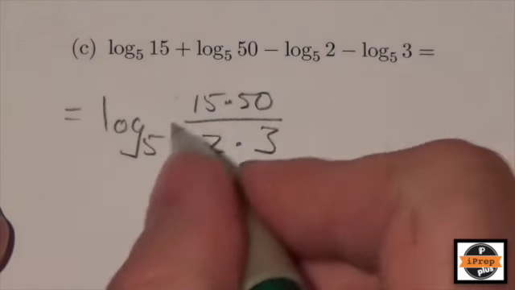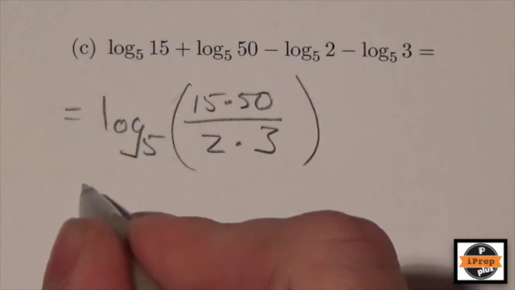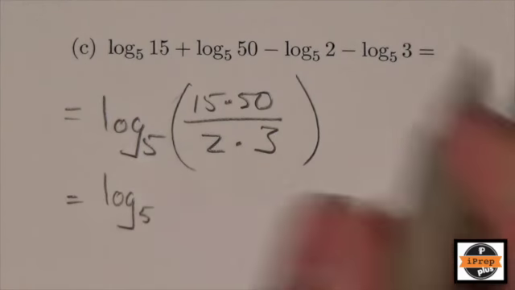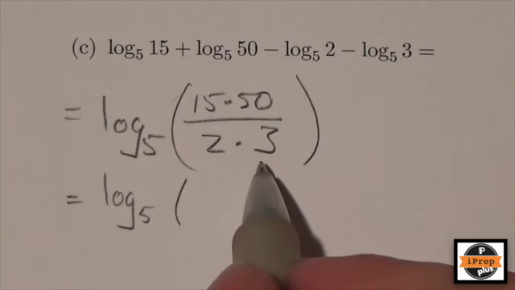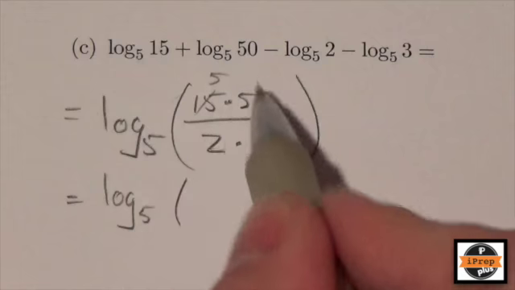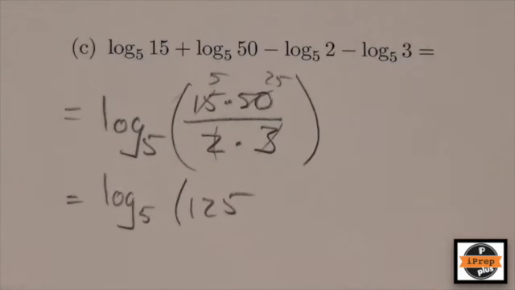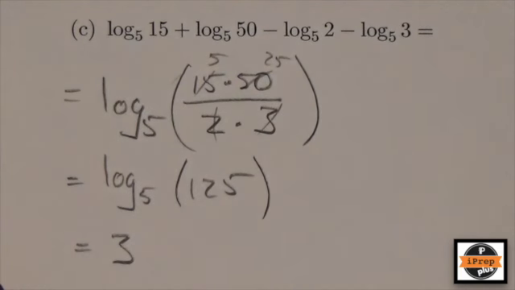That's why it's so easy for me to put this together in 1 step, into 1 logarithm. Now, what do we have here? We can cancel that with that, get a 5 there, 5 times 5 is 25, and so we're going to get 125 in there, and the log base 5 of 125 is just 3, because 5 cubed is 125.